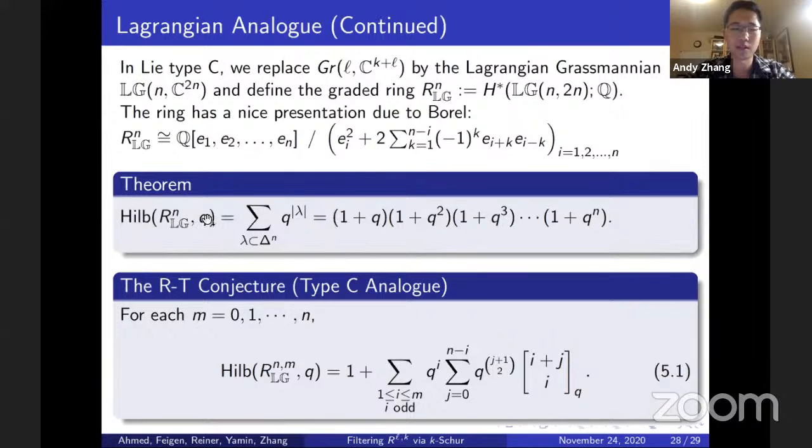But the Hilbert series turns out to be very simple. It just counts the shifted partitions, the partitions with distinct parts inside the size n ambient triangle. And more concretely, this is the product of 1 plus q to the i, where i ranges from 1 to n.